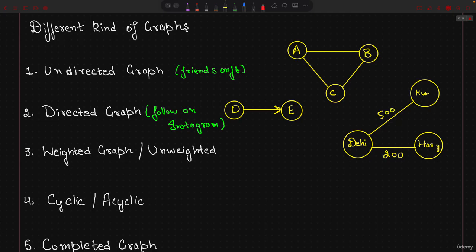We have added some weight to our overall edge. Normally, this can be a distance or some weight with respect to any other magnitude, but the idea is that each and every edge is not the same. In the earlier example, these edges were the same in terms of their magnitude, but here, if you have to go from Delhi to Haryana, it will be nearer because our edges have weight.